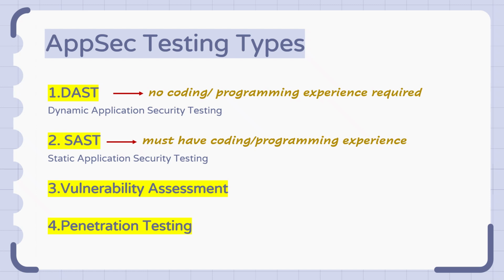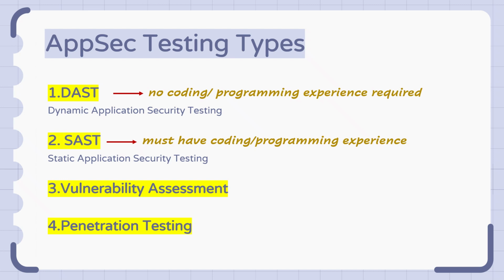Penetration testing and vulnerability assessment are sometimes used interchangeably in the cybersecurity industry. However, there is a significant difference between the two. While vulnerability assessment aims to find loopholes or weaknesses in an application, which are actually vulnerabilities, penetration testing goes one step further to exploit the vulnerabilities in the application and reveal sensitive information.